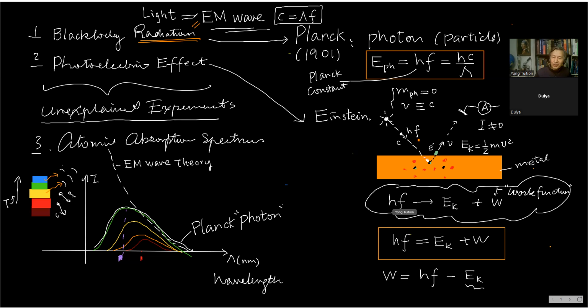Einstein learned that Planck explained black body radiation. Einstein said, perhaps we can use this photon idea to describe the photoelectric effect. And he succeeded in a very short time. His theory is simple, proven to be correct, and he got a Nobel Prize for this.